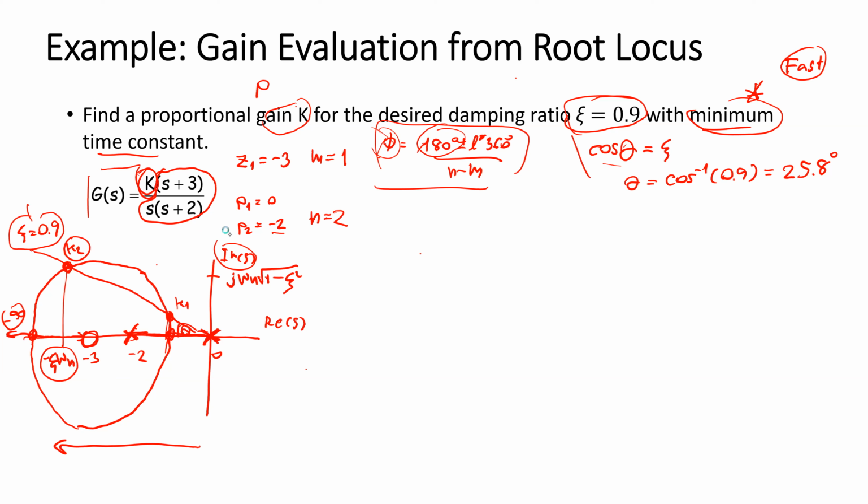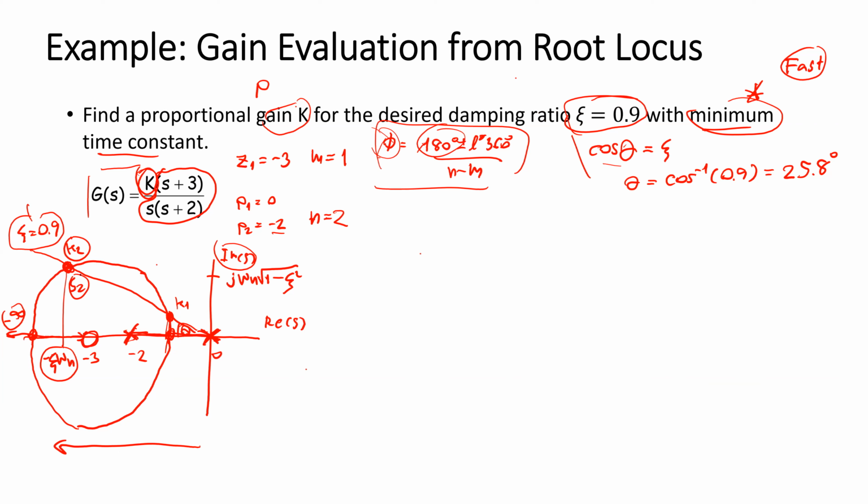So for this design, we may prefer K2, relating to S2 somewhere on the circle that intersects with the linear line, the constant damping ratio line.